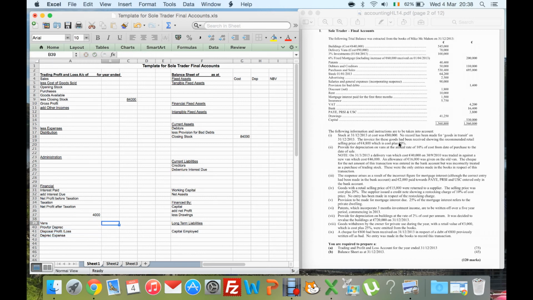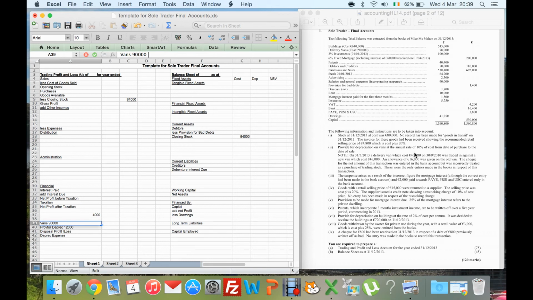So the vans at the beginning cost 90 and their current value is 78, so the provision for depreciation is 12. So provision for depreciation starts off as 12 grand. The van figure starts off as 90 grand. Now, we got rid of a van and we would have bought a new one.